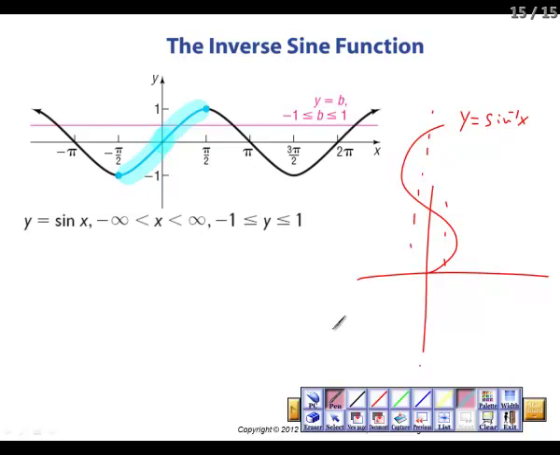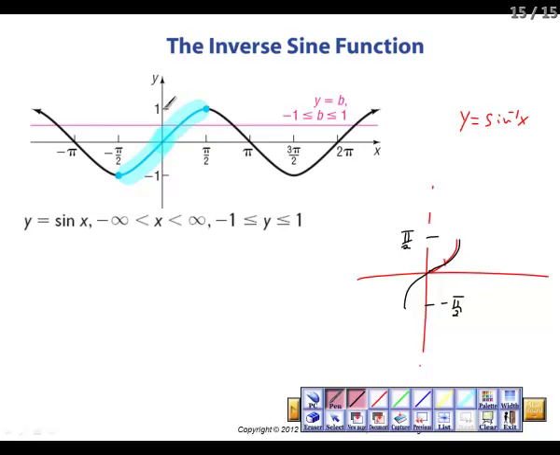What happens at that point is its inverse is going to be, we get this negative pi over 2, we would get this here at pi over 2, and this would continue on around here to negative pi over 2.